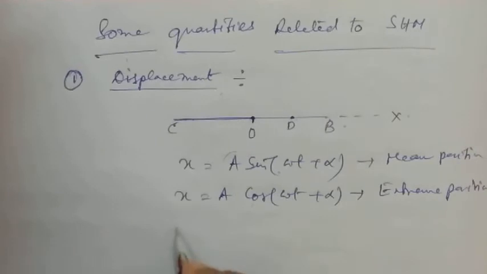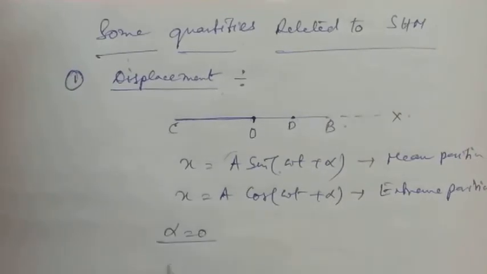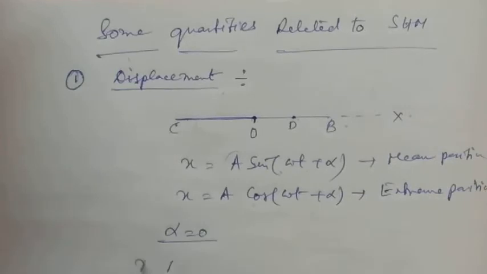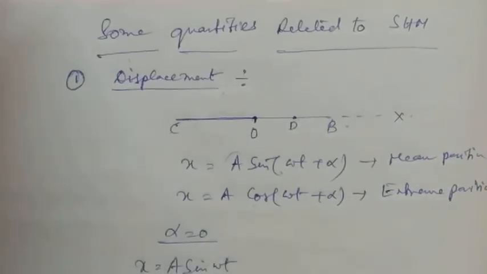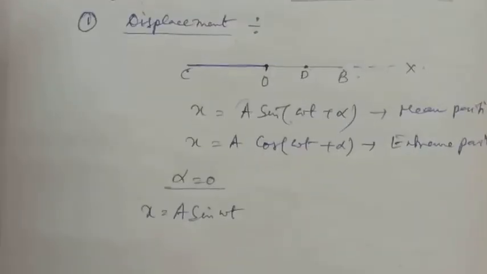Now if we take alpha equal to 0 and write the equation like this, x is equal to a sine omega t, that means we are taking the particle starting its motion from the mean position.